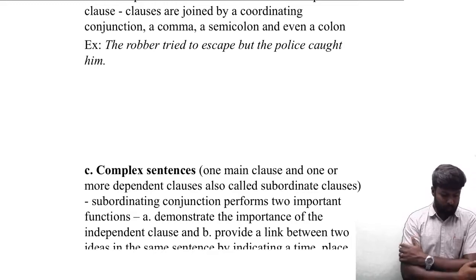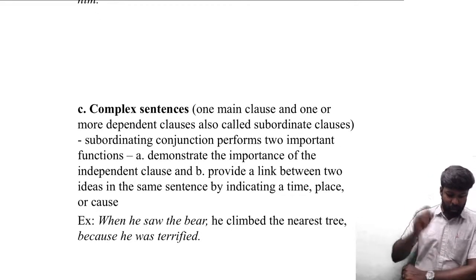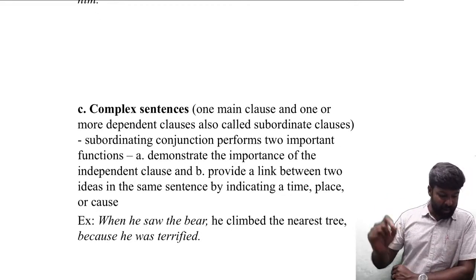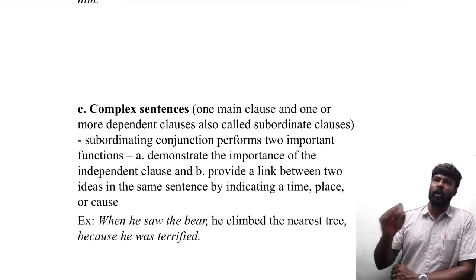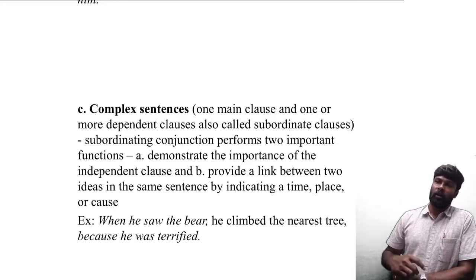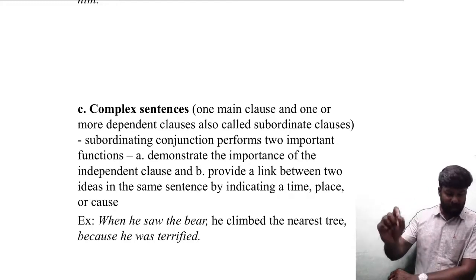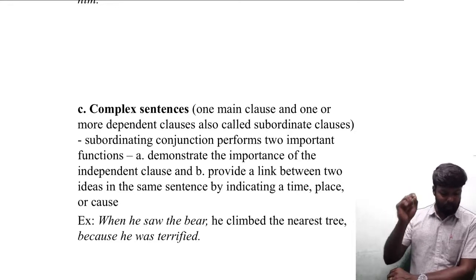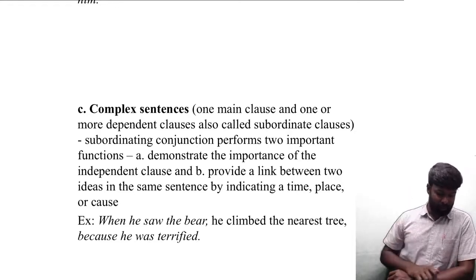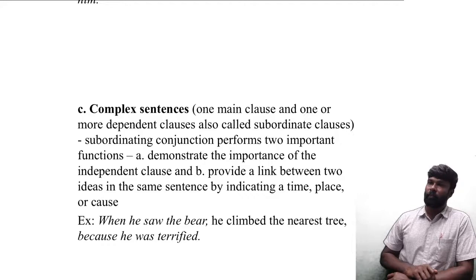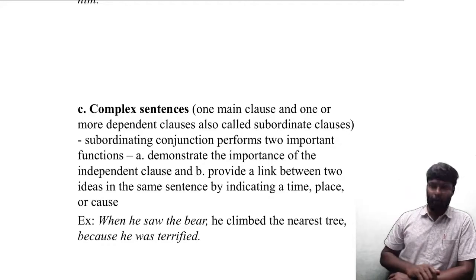So one main clause and one or more dependent clauses, which are also called subordinate clauses, can be said to be a complex sentence. Look at the example there. Or before that, number one, subordinating conjunction performs two important functions. What are subordinating conjunctions?